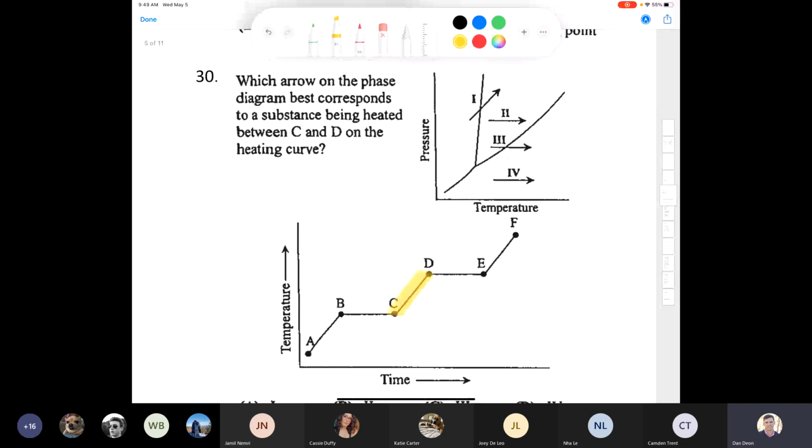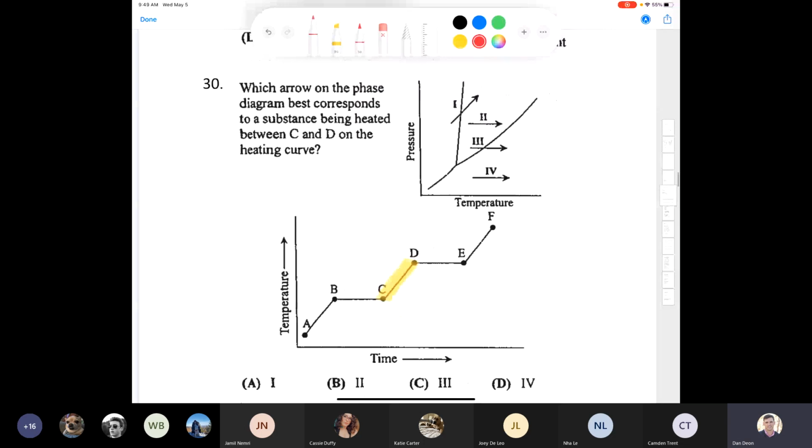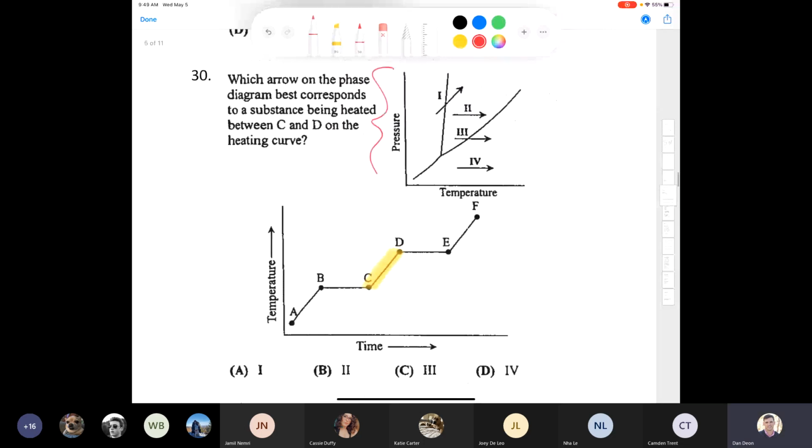Okay, so this area. Well, let's label the heating curve. This is a phase diagram over here, and this is a heating curve. So what's happening on the heating curve? Here we have a solid, and the solid is being warmed up over a certain amount of time. The temperature of the solid is increasing.